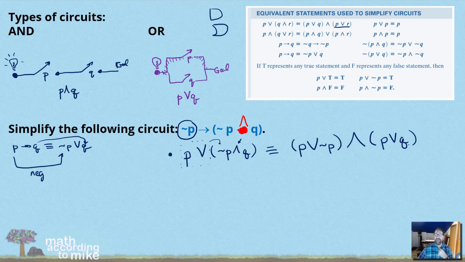Look back at the chart. P or not P. What is P or not P? P or not P is always true.